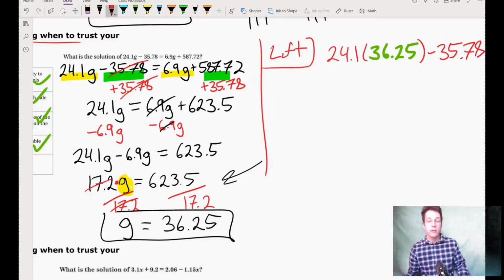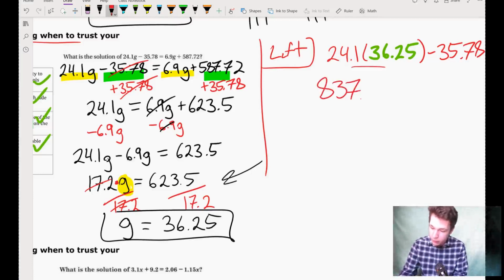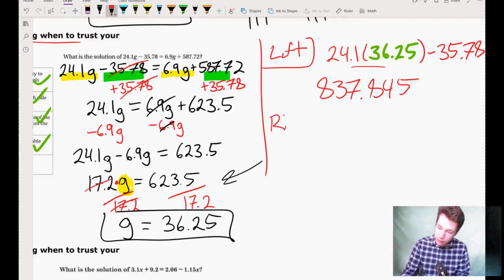And then you throw that into your calculator. Make sure you hit enter after multiplying these two and then subtract. This is what I got. I got 837.845 on the left. So let's just make sure that's the same thing that we get on the right.